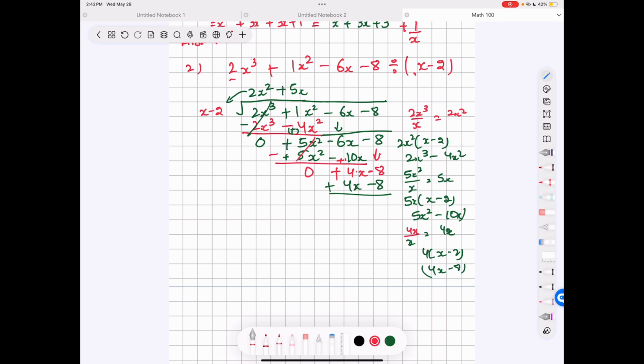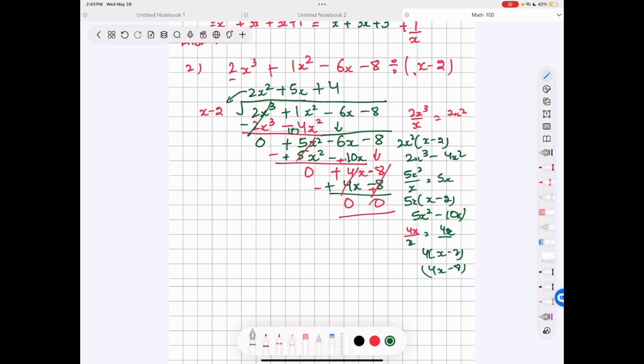We're going to change the sign. This is going to be negative, they cancel each other out, and then this is going to change into plus, they cancel each other out, we get 0. And our quotient for this one is 4, which is going to be plus 4.